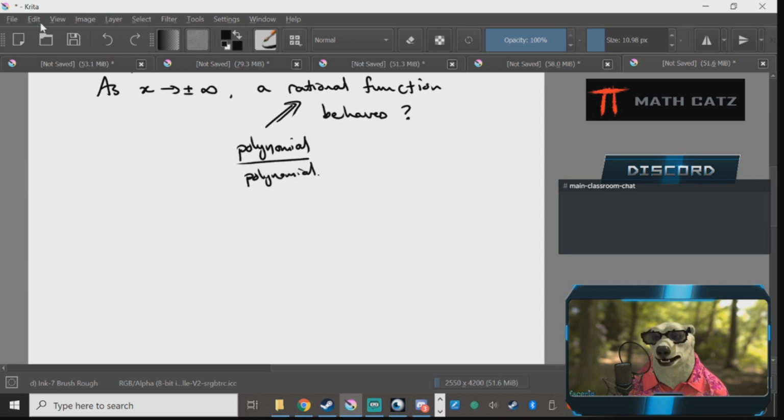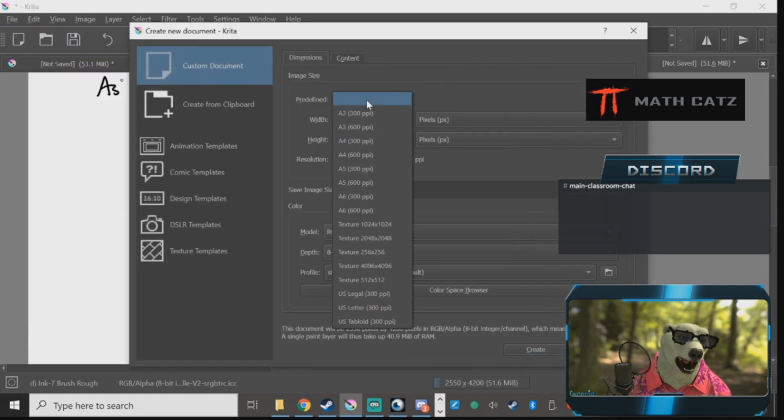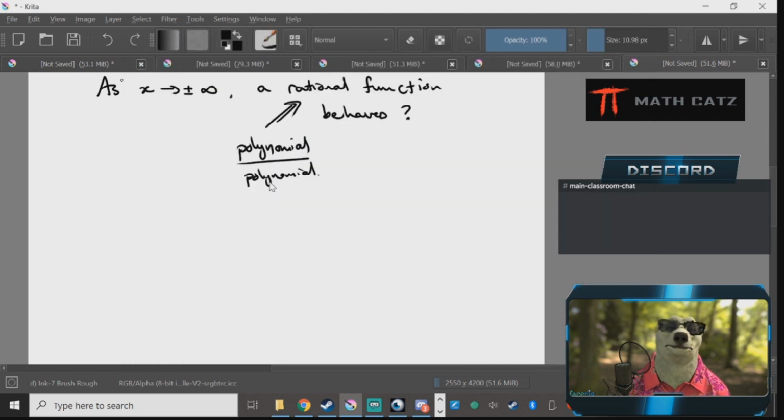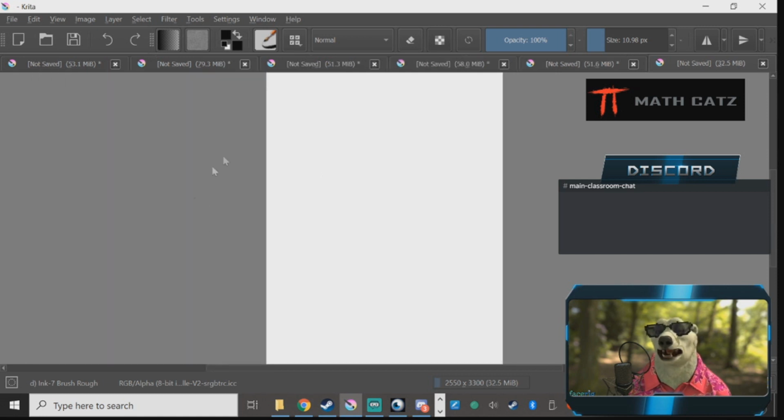So let's just do a couple of problems and then we see it's actually quite straightforward. There are more things that could happen as an answer, but it's not complicated to look at because I'm building on my knowledge of polynomials.